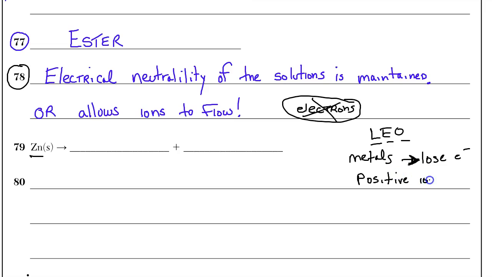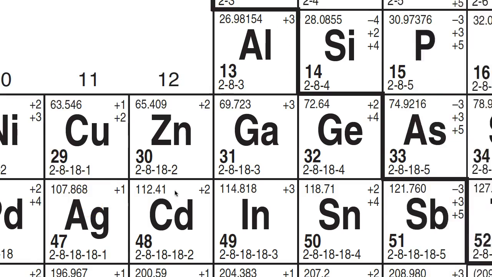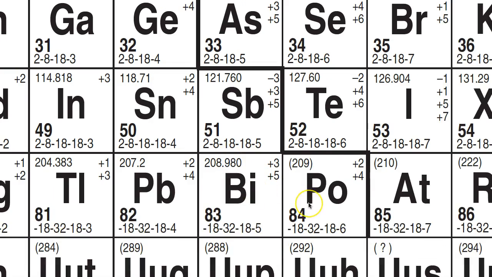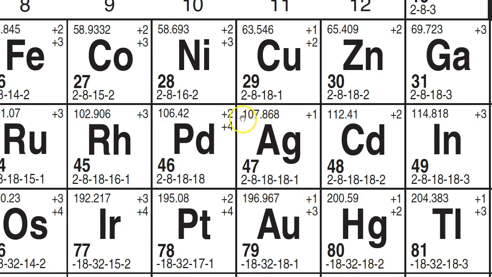So if you're not sure what ion it becomes, let's go to the periodic table. So here's zinc. It's written as an atom, which is neutral. I say atom, you say neutral. Atom, neutral. So therefore, this is a charge it likes to become. Hey, these are all metals. And how do we know? Well, we have this staircase here, right? Anything left of the staircase is your metals. And all metals become positive ions.